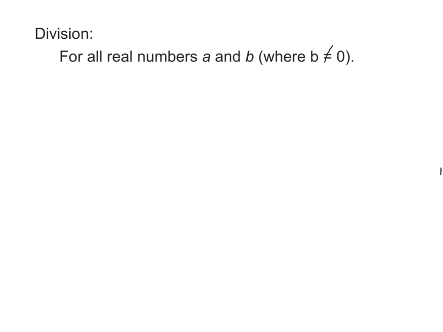So regarding division, for all real numbers a and b, where b is not equal to 0, a divided by b is simply equal to a over b, which is also equal to a times 1 over b.